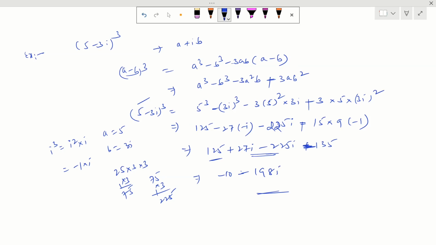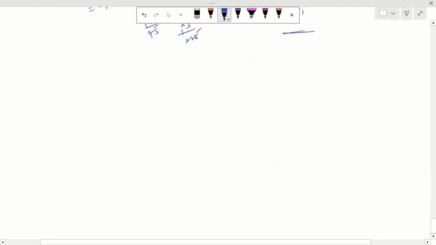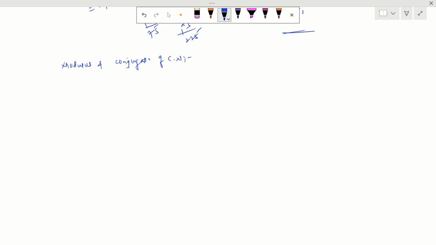Now we'll come to the next topic, that is modulus and conjugate of a complex number. Here modulus means what? Z is a complex number.